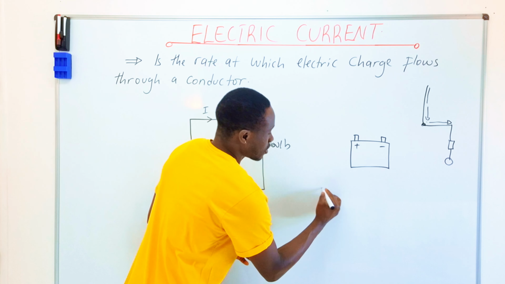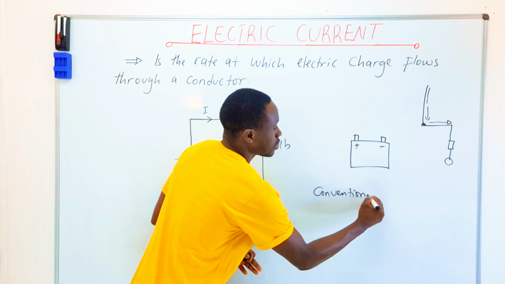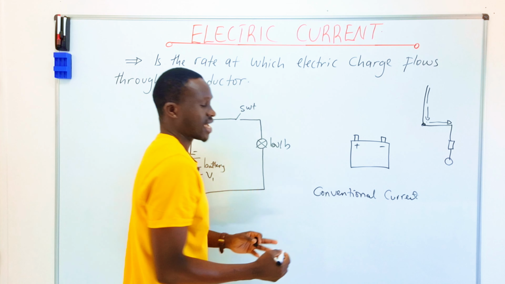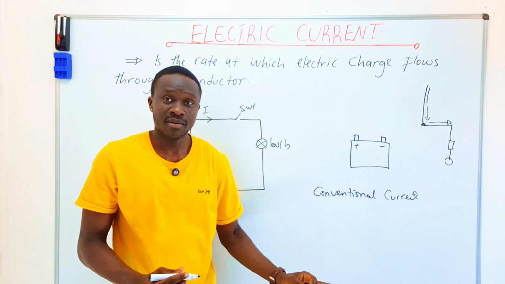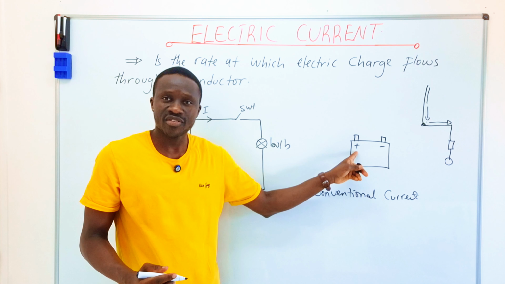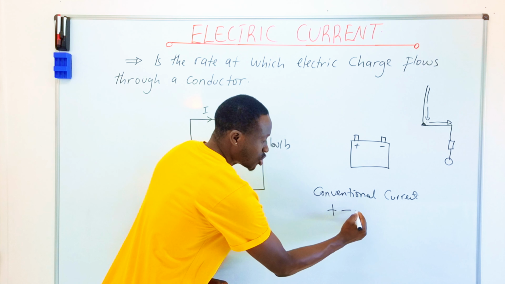But listen to this, engineers use the principle of conventional current. Conventional current is a type of current which moves from positive to negative.